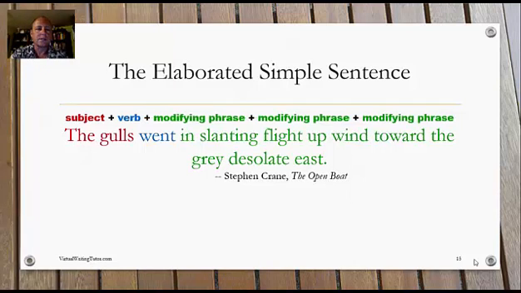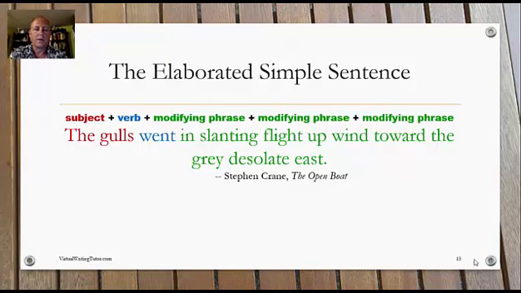We'll do some analysis on this. The gulls, that's our subject, went is the verb, and in fact we could stop right there and have a simple sentence. But instead we have in slanting flight upwind toward the grey, desolate east as a series of afterthoughts.